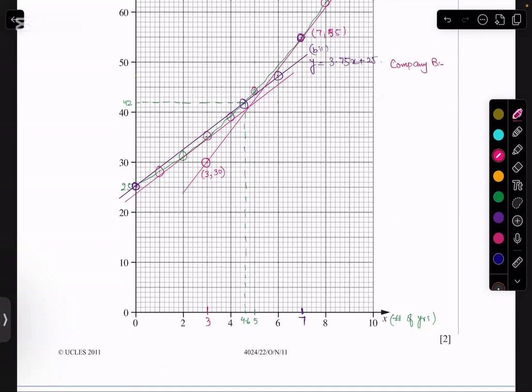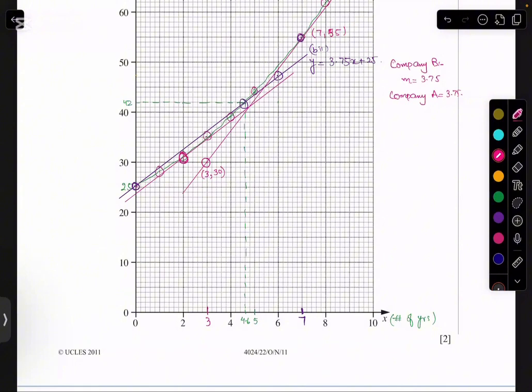Parallel क्यों बनाया? क्योंकि company B में gradient value was 3.75, and we know for two parallel lines the gradient has to be the same. So company A में भी तो मुझे यही gradient चाहिए होगा. Company A should also have the same gradient which is 3.75. इसके लिए मैंने ये parallel line बनाई, and then what I can see कि ये parallel line इस point पर ज़्यादा touch कर रही है इस curve को.